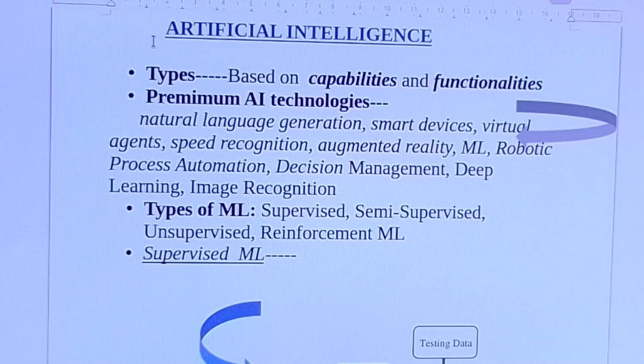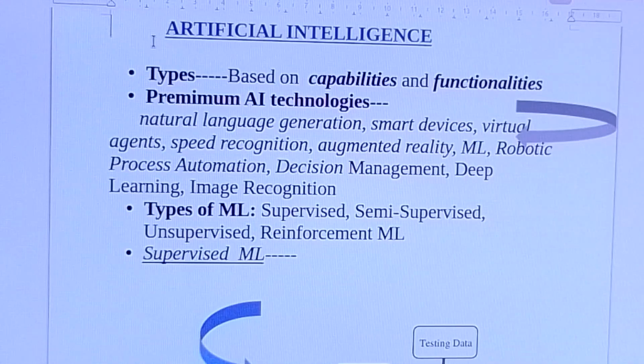Now there are four other categories of artificial intelligence. Those categories are categorized on the basis of the functionalities of the system or machines, more precisely.